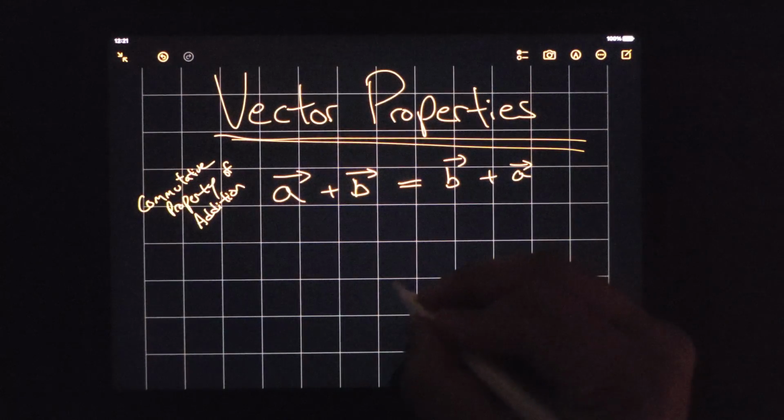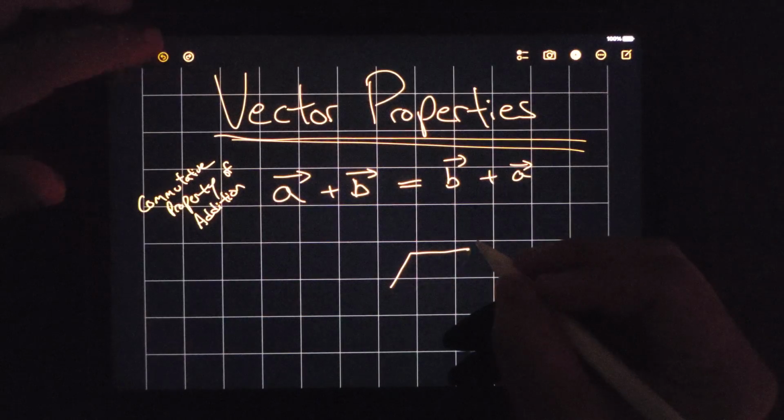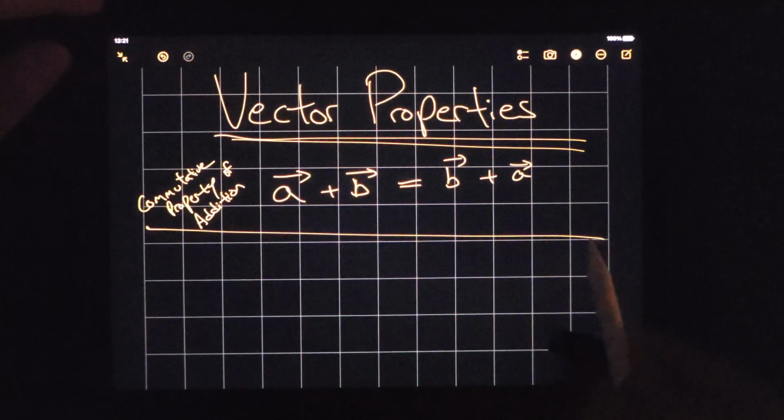Because remember, when you want to add this one to that one, it's the same as adding that one and this one. So, that is one.